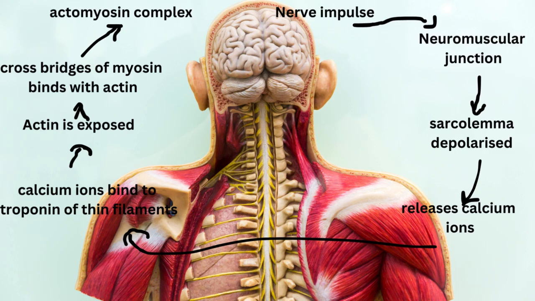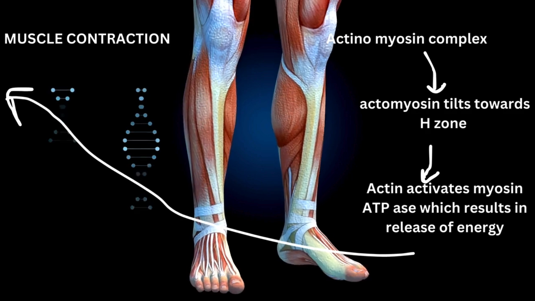Actin and myosin are very important for muscle contraction. The cross bridges of myosin bind with the actin, forming the actinomyosin complex. This formation is very important for muscle contraction. When the actinomyosin tilts over and swings, the H zone forms, during which the myosin filaments are pulled over.